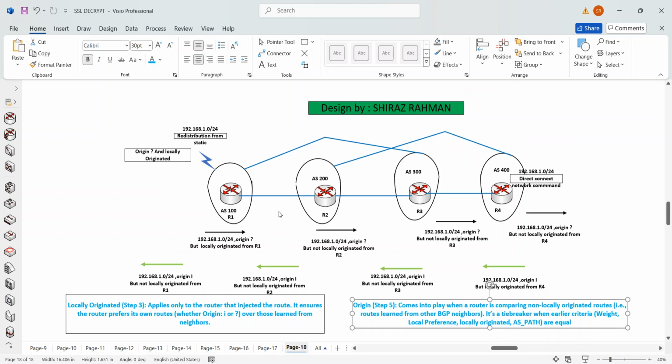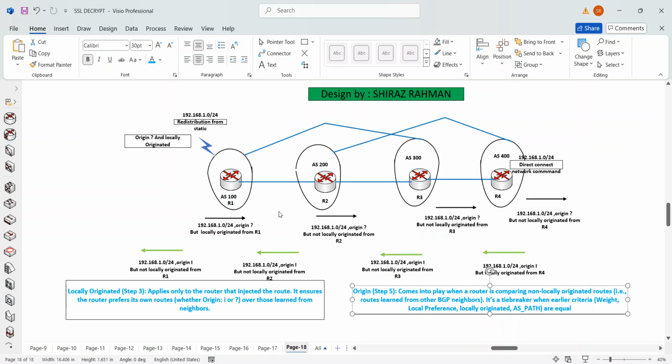First I will discuss what is locally originated. On router R4, I have a connected route, 192.168.1.0/24. If I give a network command for it under BGP, that is a locally originated route.